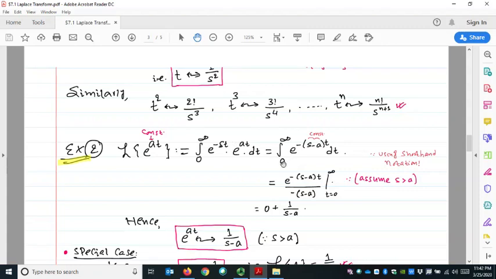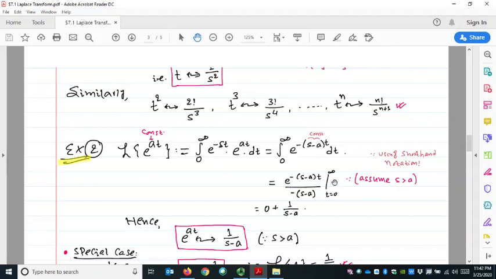With the laws of indices, for the same base, I can add the exponents. So the improper integral from 0 to infinity of e to the power negative s minus a, with t factored out, so e to the power negative (s minus a) times t, dt. This integral is over t, so the s minus a term is a constant. Now I'm using shorthand notation without introducing the limit for these improper integrals.